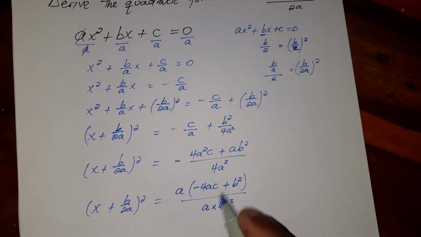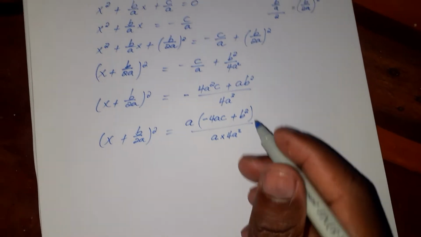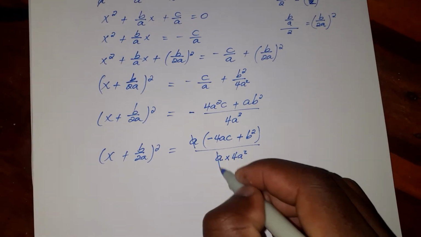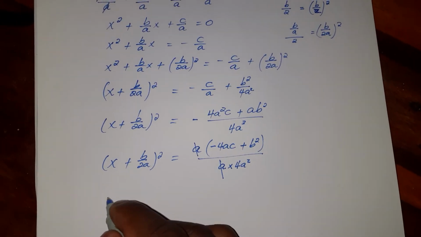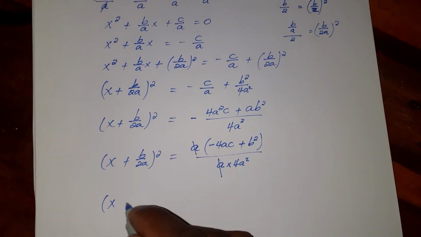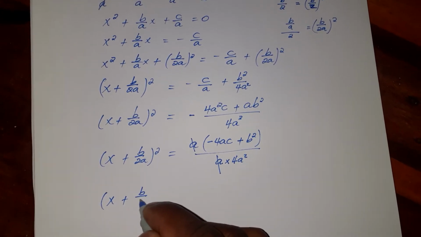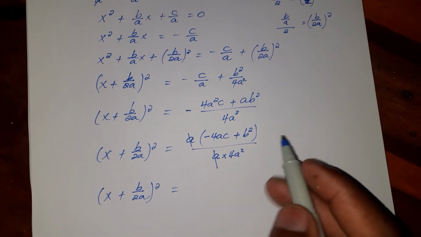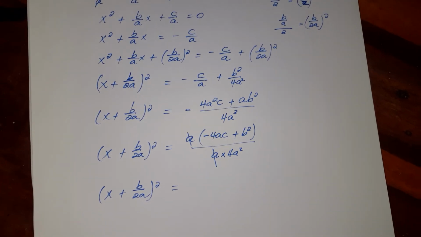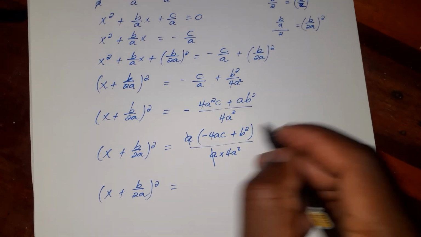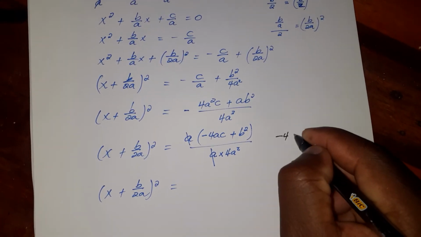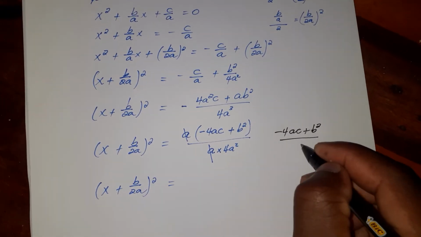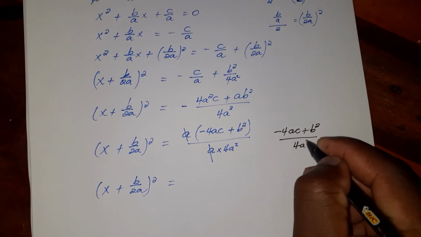This is the same as that. Now this a and that a will cancel. Then this side we have x plus b over 2a squared equals minus 4ac plus b squared over 4a squared.